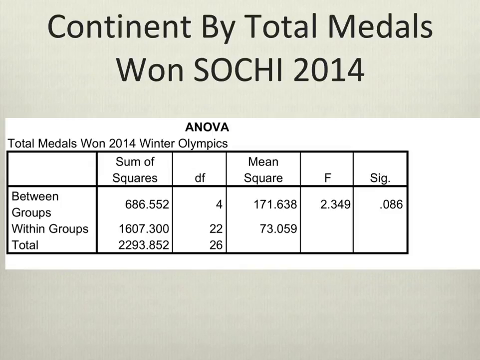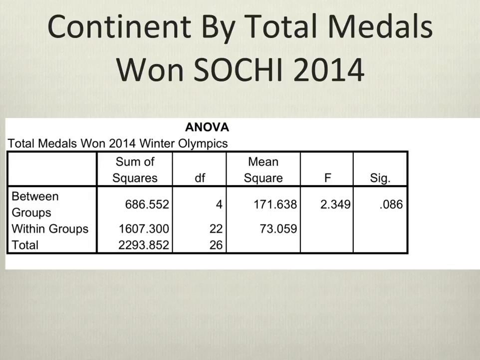Taking a look at the sig column there, we can see we do not meet the p-value 0.05 criterion. Our significance is 0.086, not quite there. I still think there's some evidence of a relationship because we would meet the 0.1 criteria.